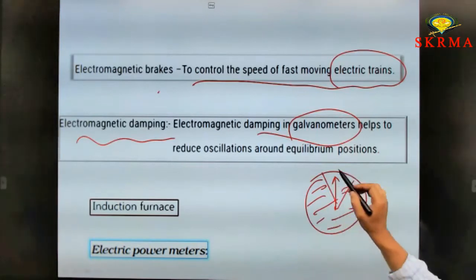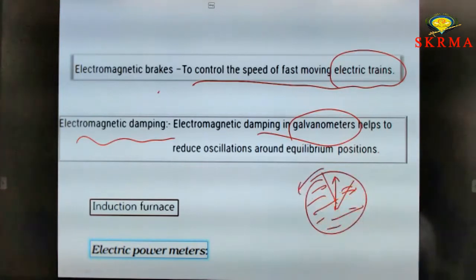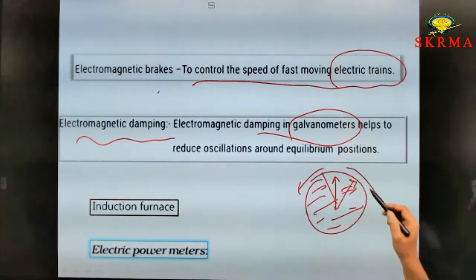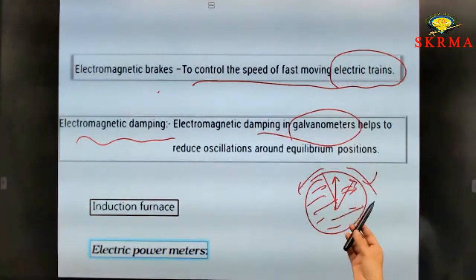If the needle moves towards left, the current travels in the left direction, and if it moves towards right, the current travels towards right. But in some conditions, it deflects to and fro. In order to reduce those deflections, so that the needle slowly comes to rest, that is damping.